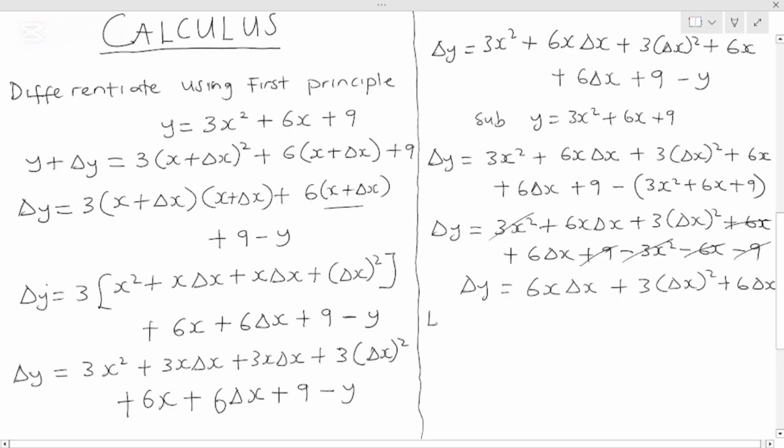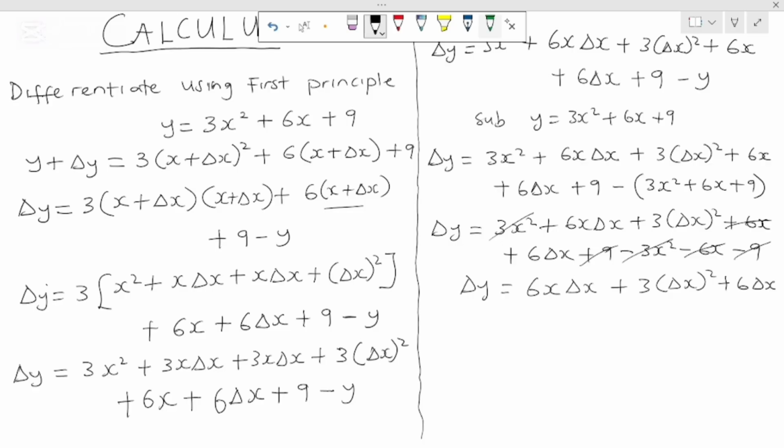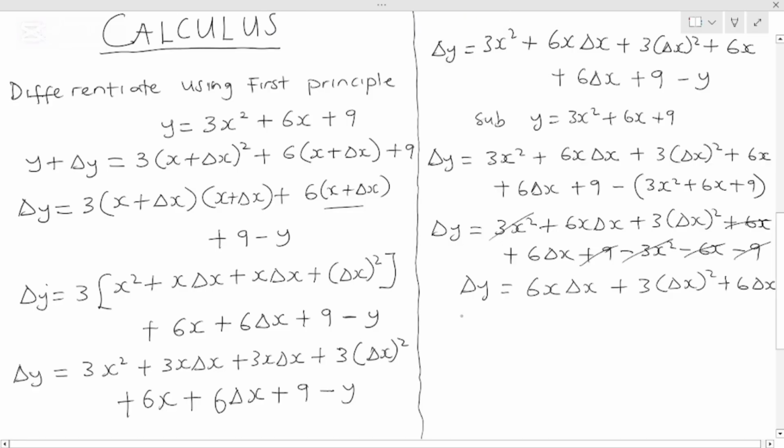So we take the limit as change. Alright, okay, let's divide both sides first. So dividing both sides by dx, we have dy over dx is equal to 6x dx over dx plus 3 change in x squared over change in x plus 6 change in x over change in x.